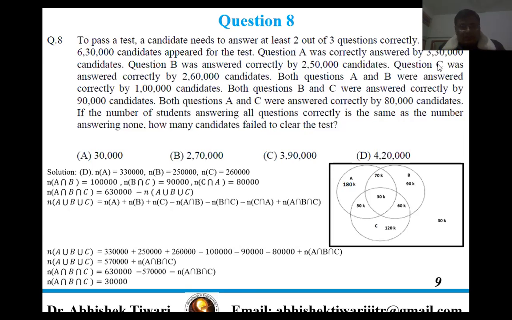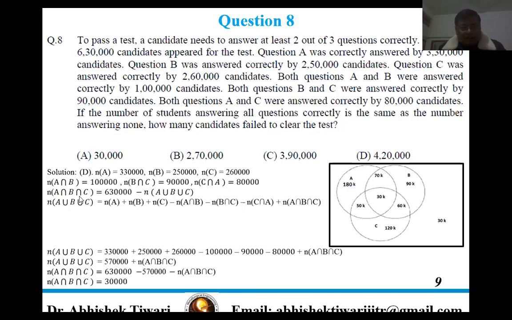Question C was correctly answered by 2,60,000 candidates, so n(C) is 2,60,000. Both A and B were answered correctly by 1 lakh candidates, so n(A intersection B) is 1 lakh. Both B and C were answered correctly by 90,000 candidates, so n(B intersection C) is 90,000. Both A and C were answered correctly by 80,000 candidates, so n(C intersection A) is 80,000.